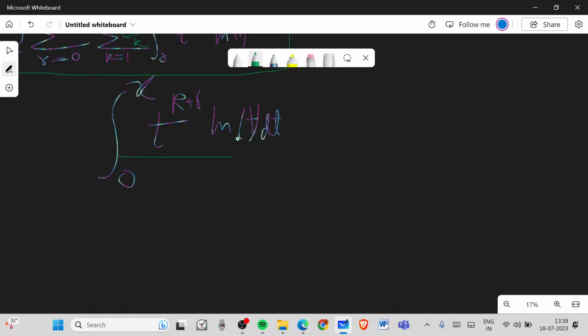What can we do? Differentiate, integrate.